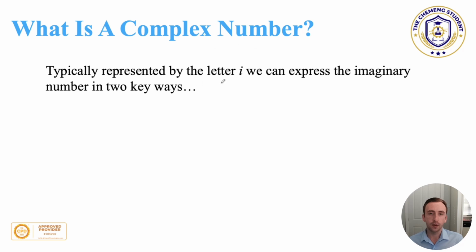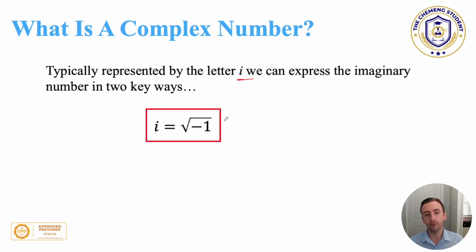But typically, when we talk about the imaginary number, we usually denote it by the letter i. Now there's two key ways in which we can represent the imaginary number. The first one is that if we end up with the square root of a negative number, -1, then that would be the letter i. Because if you try and do the square root of -1 in a calculator, you will get an error. And what that tells us is that this value is not a real number.